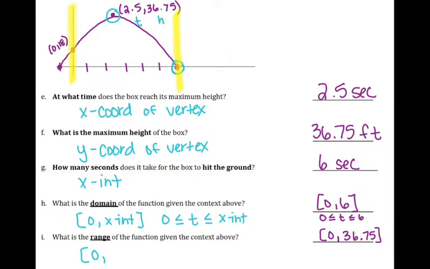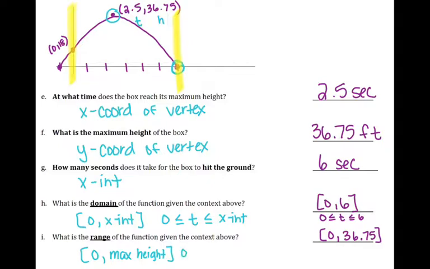I was starting to write in blue my little hints. Your range is going to go from 0 to your maximum height in this particular context. You could also make a note that it's 0 to the y-coordinate of your vertex, if you want to, but I think maximum height makes the most sense.